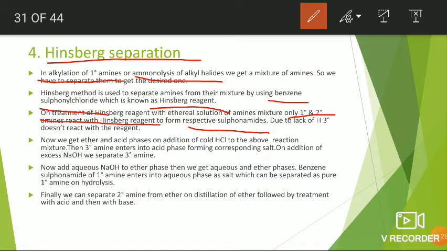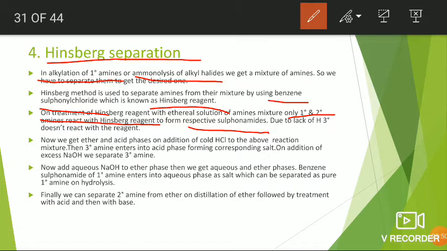That is, only primary and secondary amines react with benzene sulfonyl chloride, that is Hinsberg reagent. So the two, primary and secondary amines, are present in the ethereal solution. The tertiary amine, which is also present in the ethereal solution, doesn't react with the Hinsberg reagent due to lack of hydrogen.